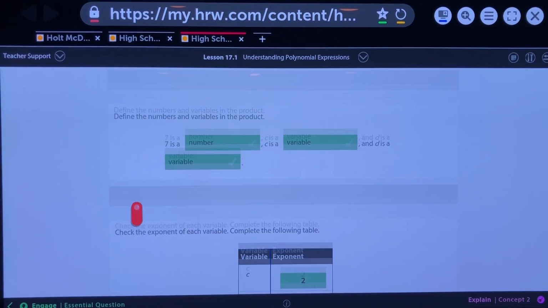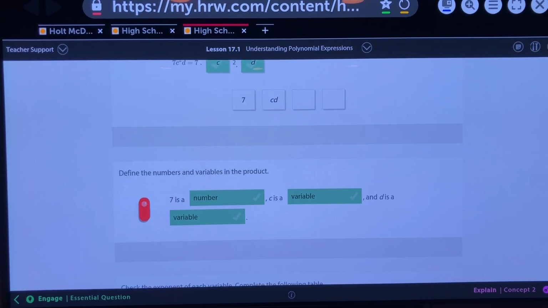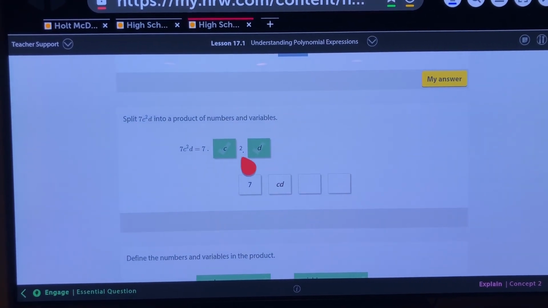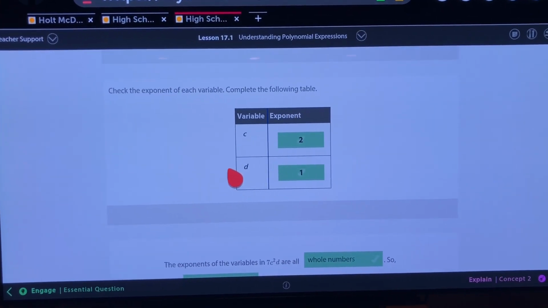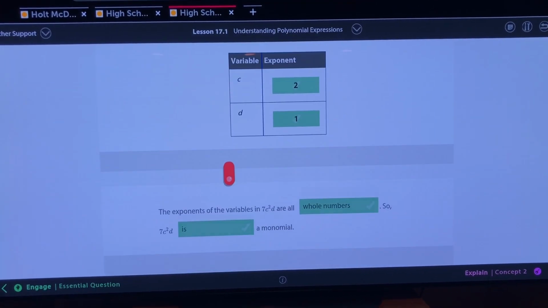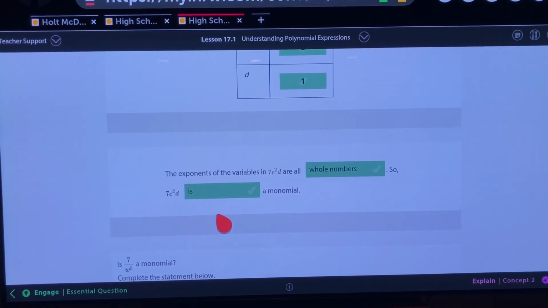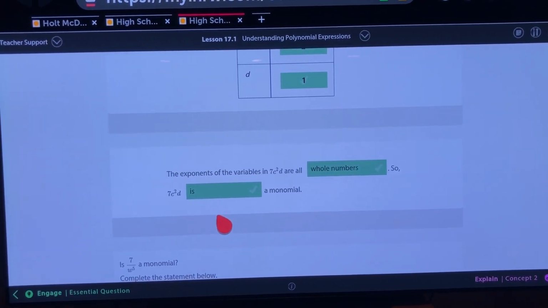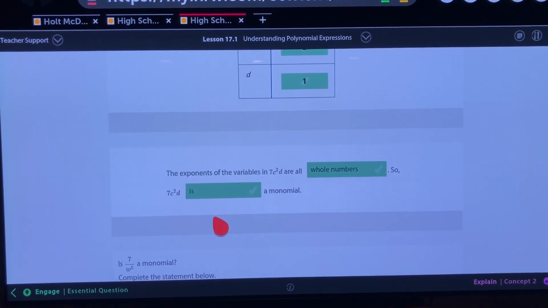What are the exponents that go with these? c has an exponent of 2, and d has an exponent of 1. The exponents of the variables are all whole numbers, so that means check, 7c squared d is a monomial.